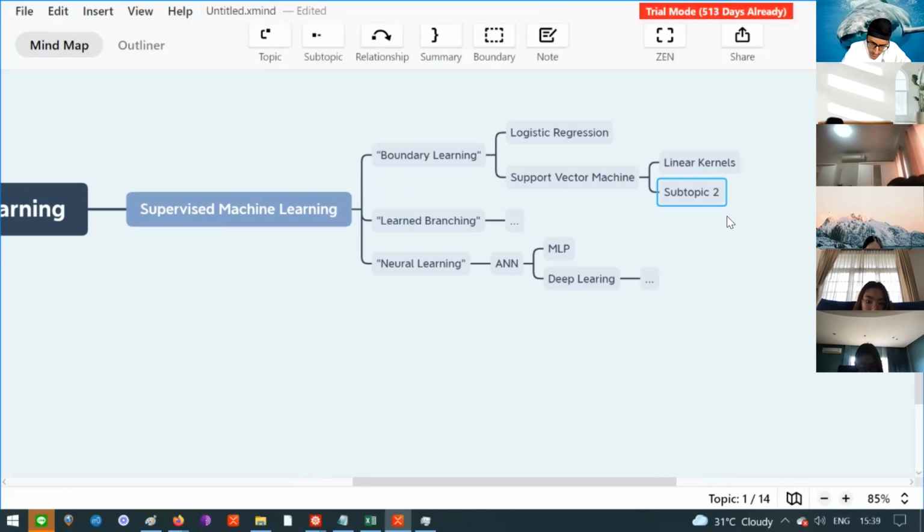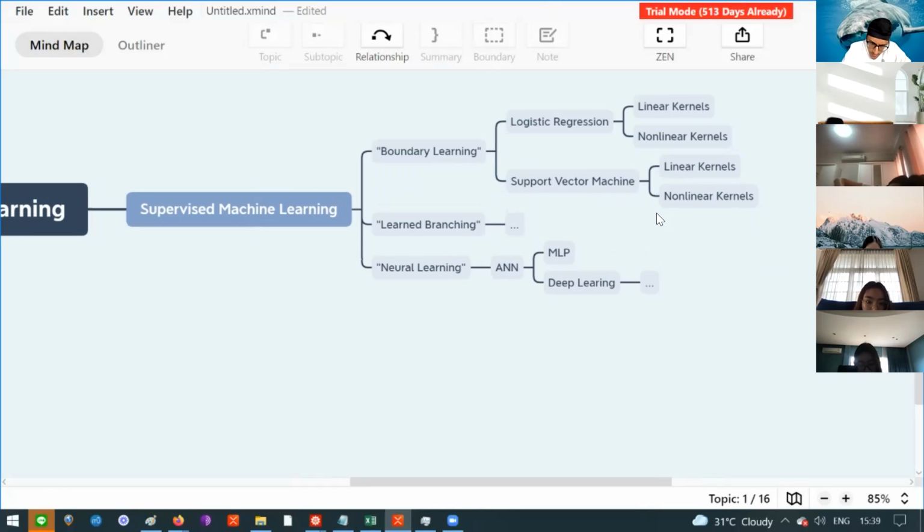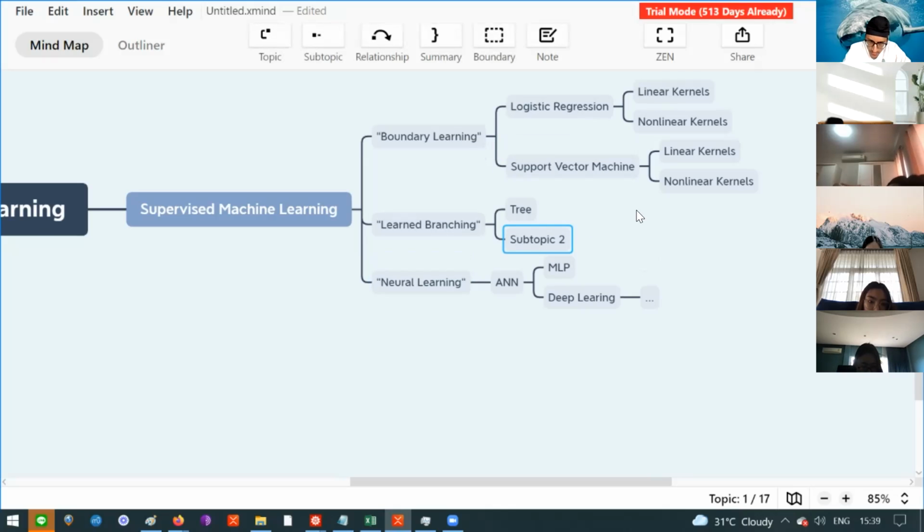The point is, you can also have this as well, right? Learn branching, so decision tree. How about this? I call it some kind of tree versus forest.